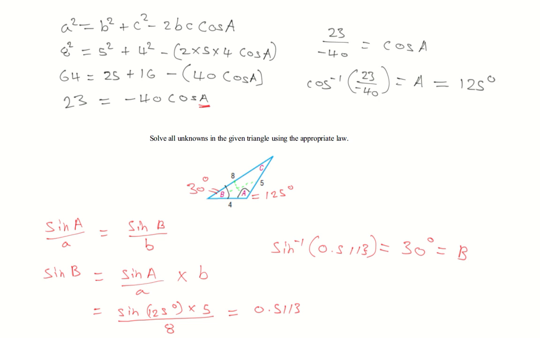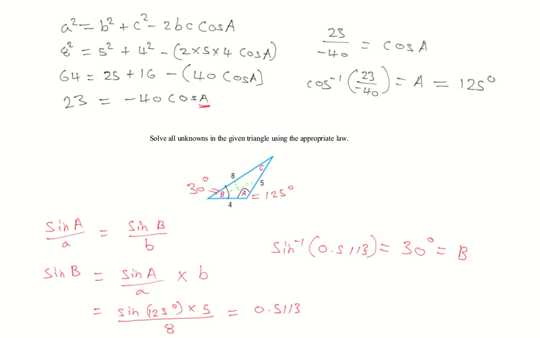Now the final angle, I wouldn't complicate myself with using the sine or cosine rule. Instead, I will simply use the fact that all the angles in a triangle must add up to 180 degrees.